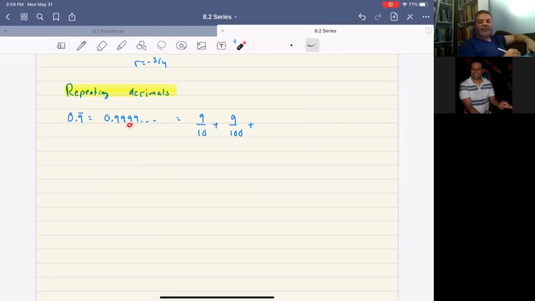This represents 9 over 1,000. Okay, so we're getting this repeating decimal. That's this sort of series. Well, let's pull out a 9, because they all have a 9 there.